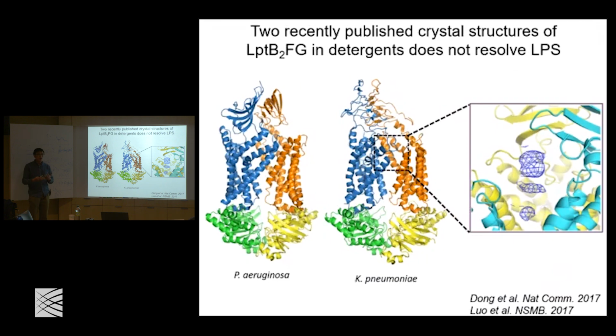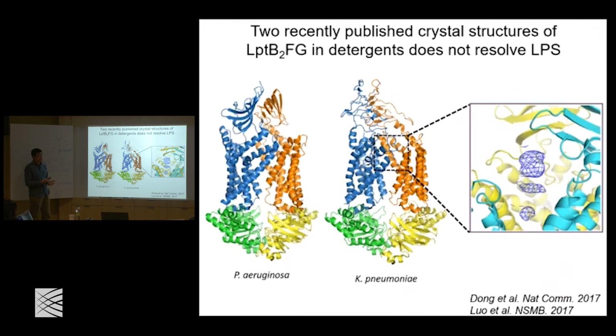While we were working on this protein, there were two groups who solved two crystal structures in detergent. Our structure is pretty much identical to one of them. In this particular structure, the authors claimed that they see some strong axial density in the cavity.